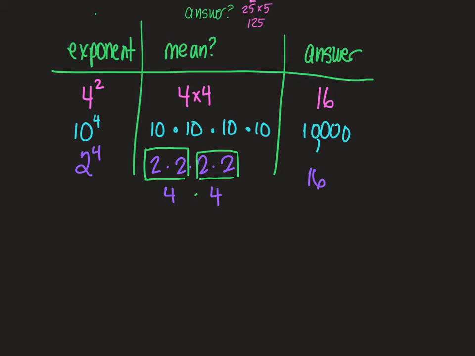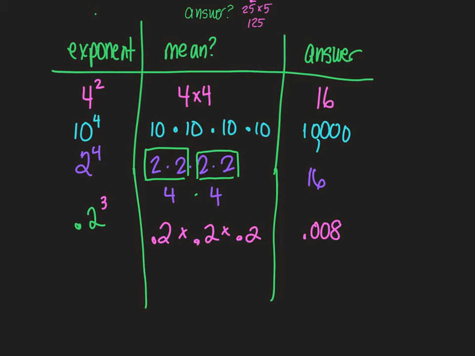What if we had a decimal number? Because they don't always have to be whole numbers. So I could have, let's say 2 tenths, 0.2, to the 3rd power. Pause the video, work it out by yourself, see if you get what I get. All right, here's what I got. 0.2 times 0.2 times 0.2.